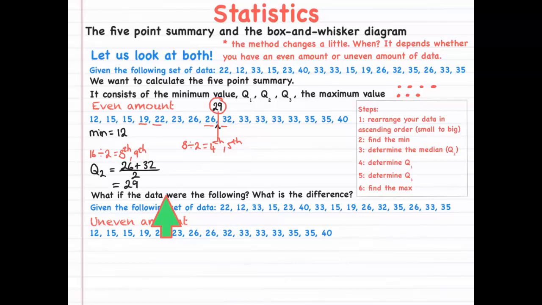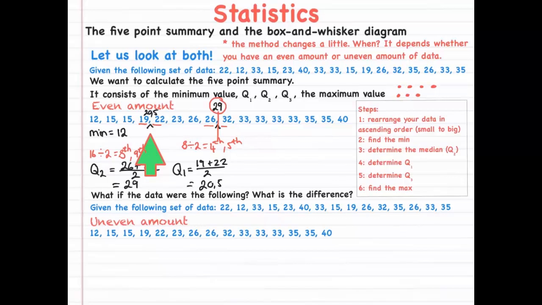So now let's quickly calculate the lower quartile. So Q1 equals 19 plus 22 divided by 2, and that gives us 20,5. So then we know that our lower quartile is in the middle of those two, and I can simply write here that it will be 20,5.